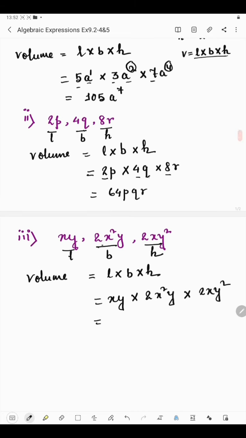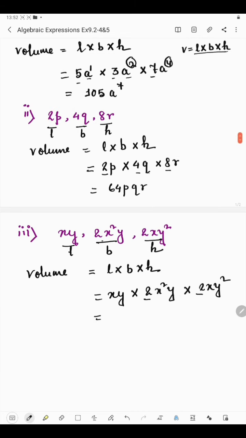First we will multiply the numbers: 2 into 2 is 4. Now we will count how many x are present. Here 1 plus 2 is 3, and here also 1, so 3 plus 1 is 4. So the power of x will be 4. Now we have y also, so we count how many times y is present. It's 1, here is 2 and here is 1, so 4. So it will be 4x to the power 4, y to the power 4.